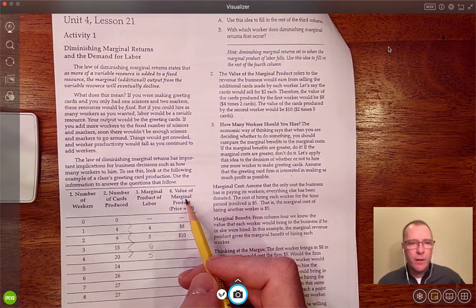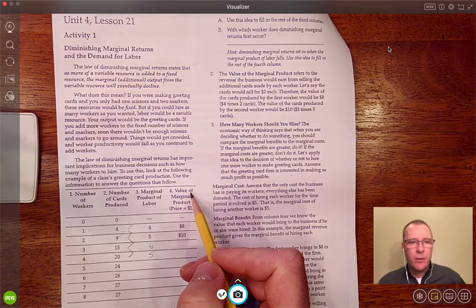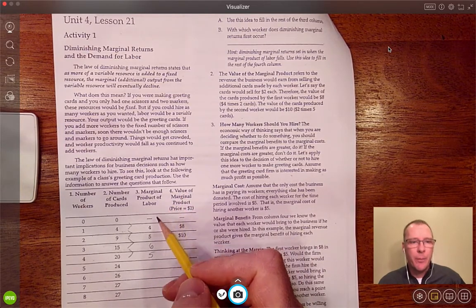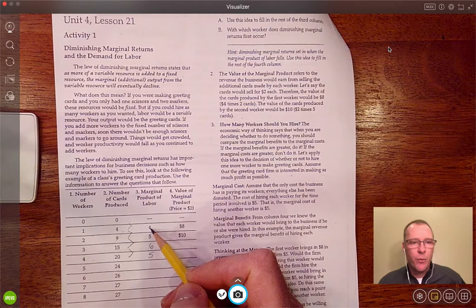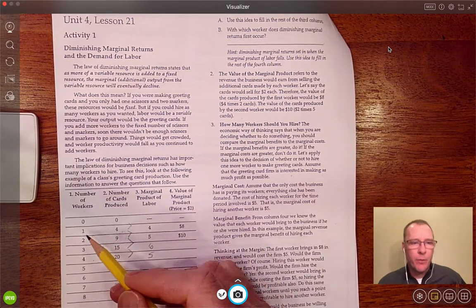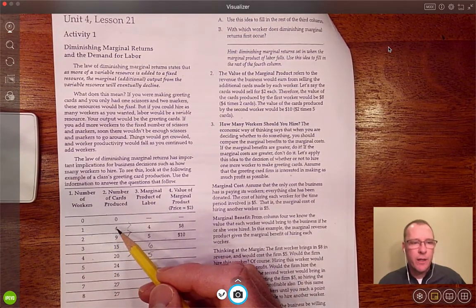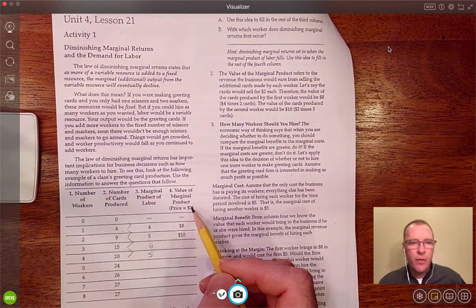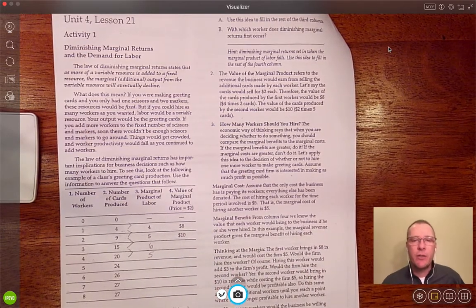Then over here, we want to see what is the value of those people. For example, my first worker brings in 4 units. If the price on those units is $2, then 4 times the $2 gives me $8 of value.